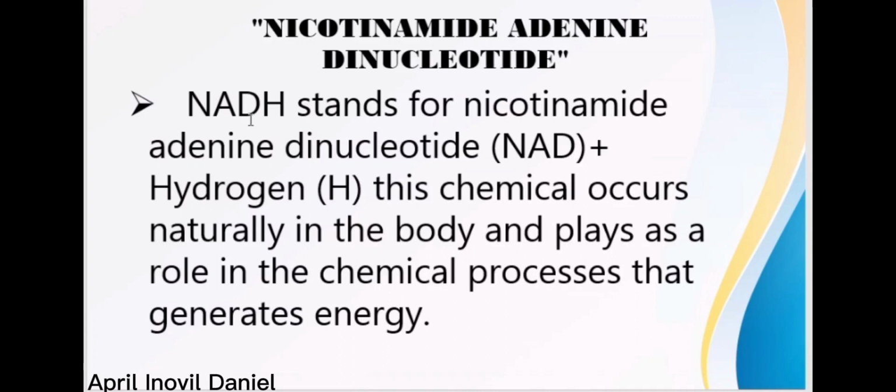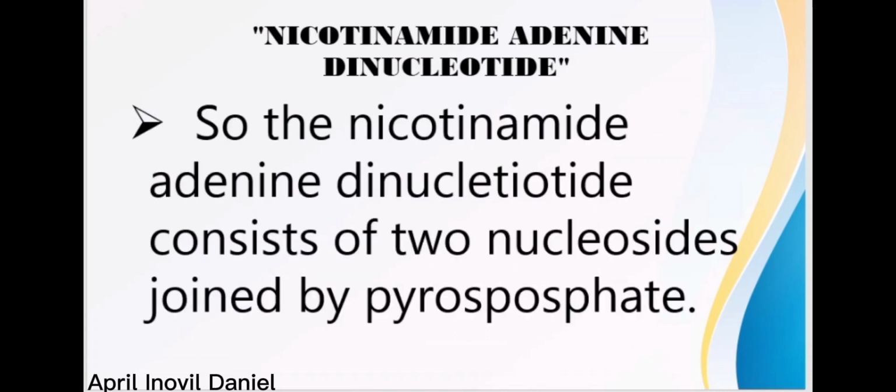NADH stands for nicotinamide adenine dinucleotide plus hydrogen. This chemical occurs naturally in the body and plays a role in the chemical processes that generate energy. Nicotinamide adenine dinucleotide consists of two nucleosides joined by a pyrophosphate.